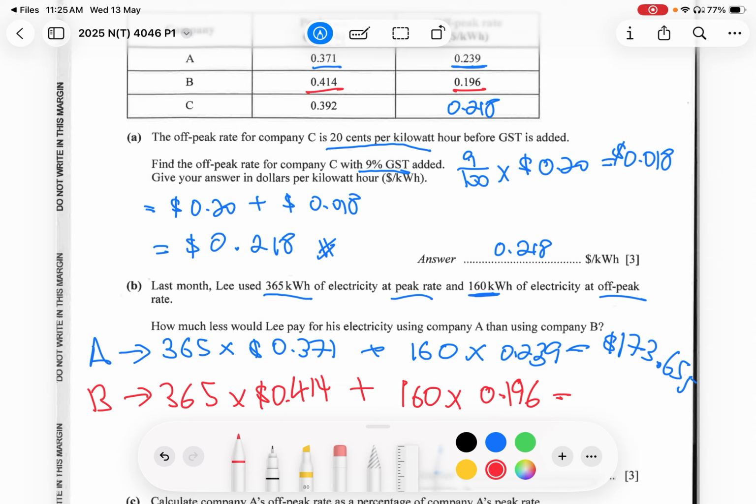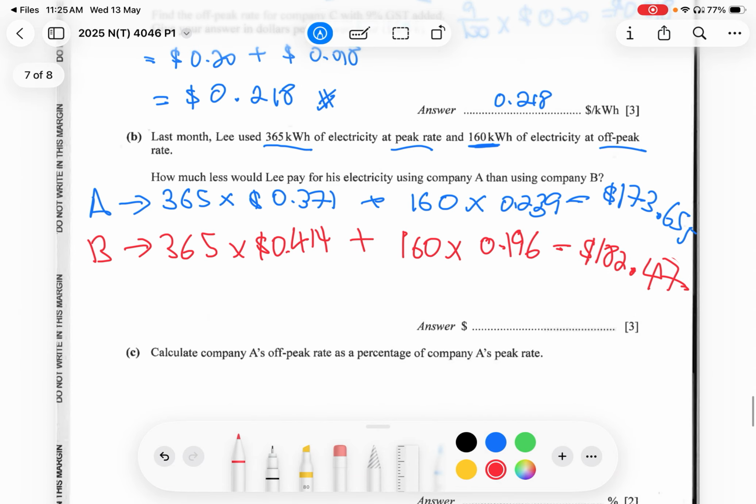182.47. So how much less will he pay? The question is asking how much less will he pay? So B is obviously more expensive.